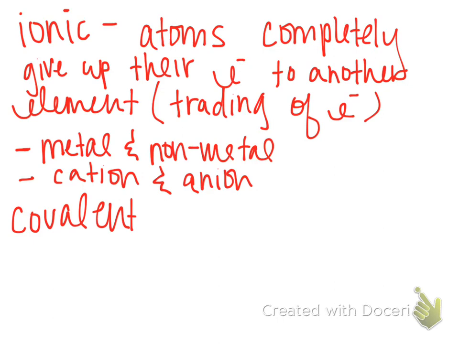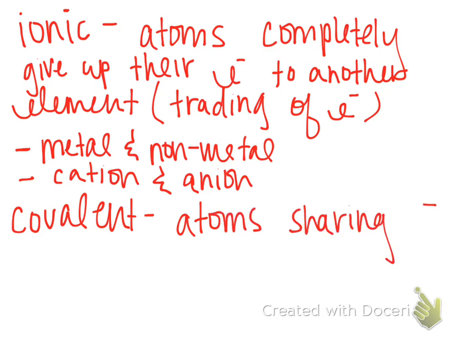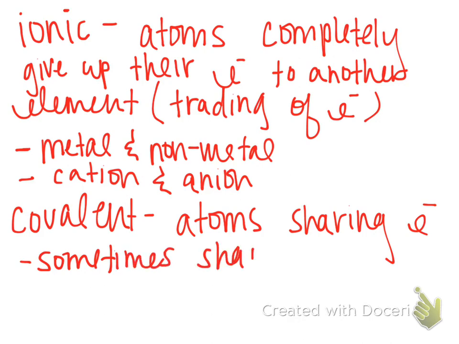Okay. A covalent bond, on the other hand, is atoms sharing electrons. And when they share them, sometimes they share them equally and sometimes they don't.